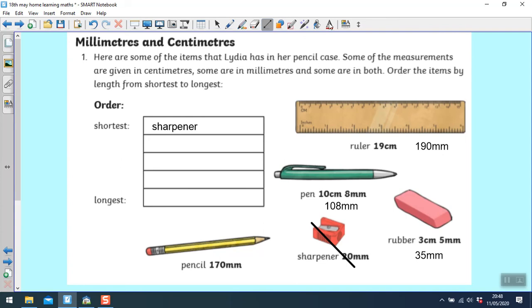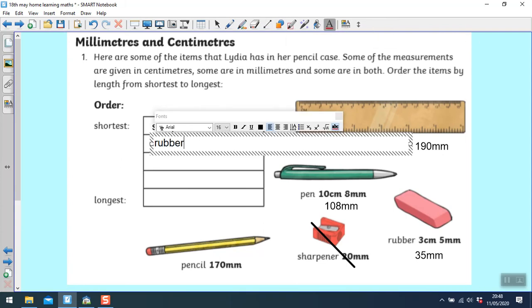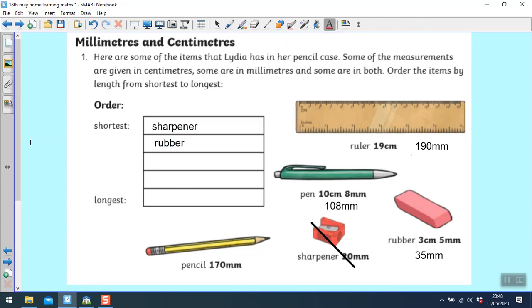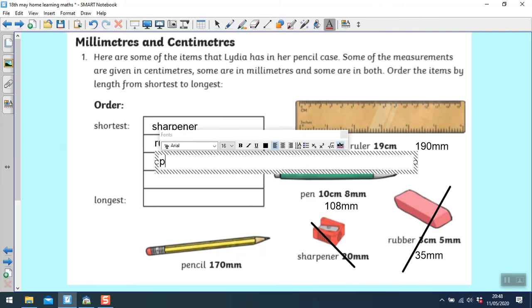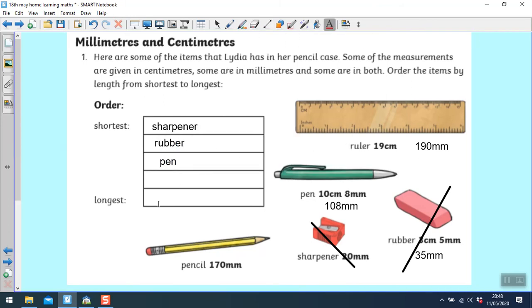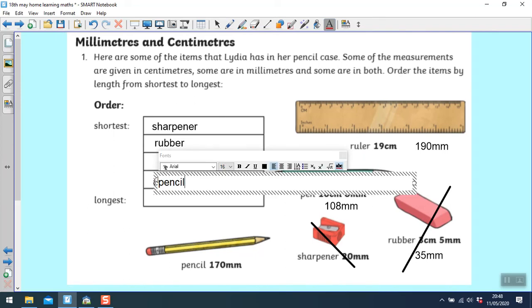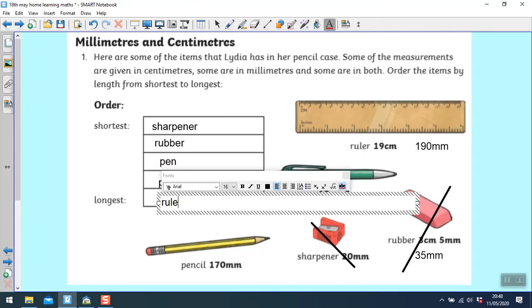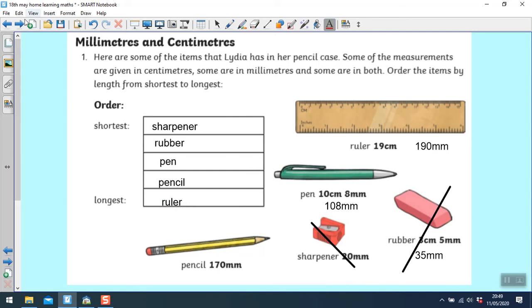Next is the rubber. So I've got 108, 170, 190. So 108 is next, that's the pen. 170, that's the pencil. And the longest one is the ruler. Well done if you got those right.